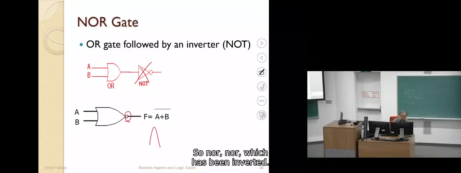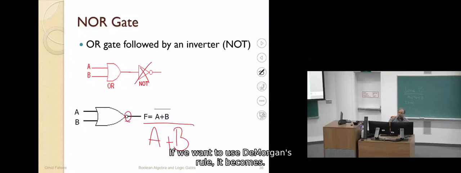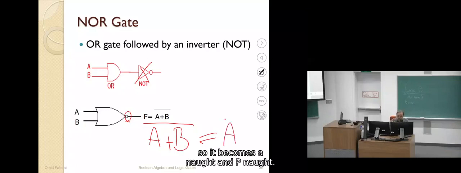So NOR is an OR which has been inverted. If we want to use De Morgan's rule, OR becomes AND and the inputs are negated, so it becomes A' and B'. So this is NOR.